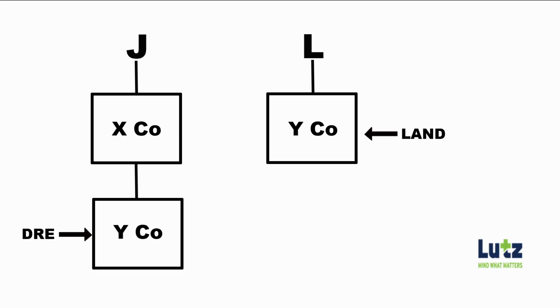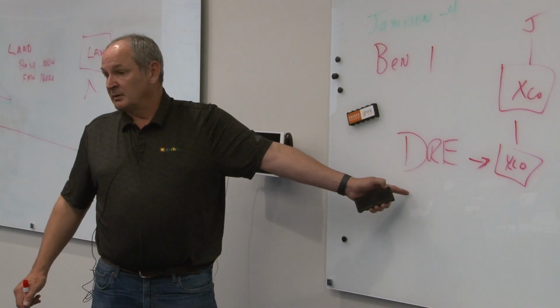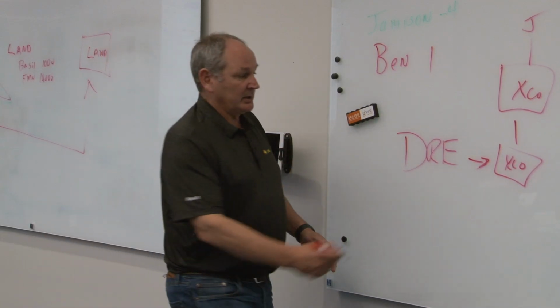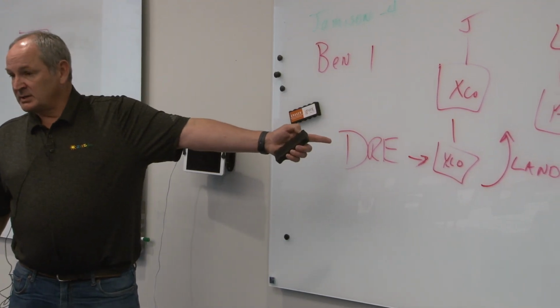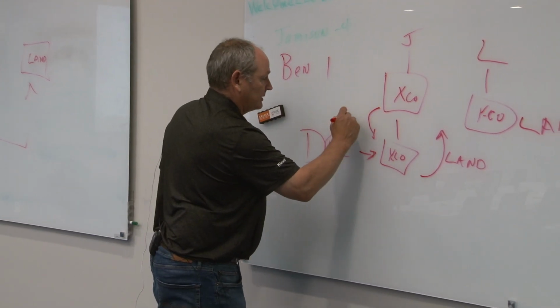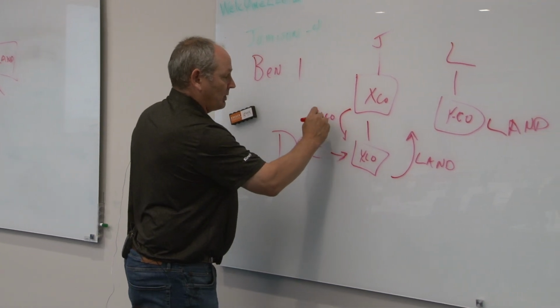Who owns it when this becomes a DRE? Xco. Which means, for tax purposes, there had to be a distribution of the land out of Yco, correct? And does Yco exist anymore? Not for tax purposes. That means Xco technically had to surrender Yco stock, and it no longer exists.